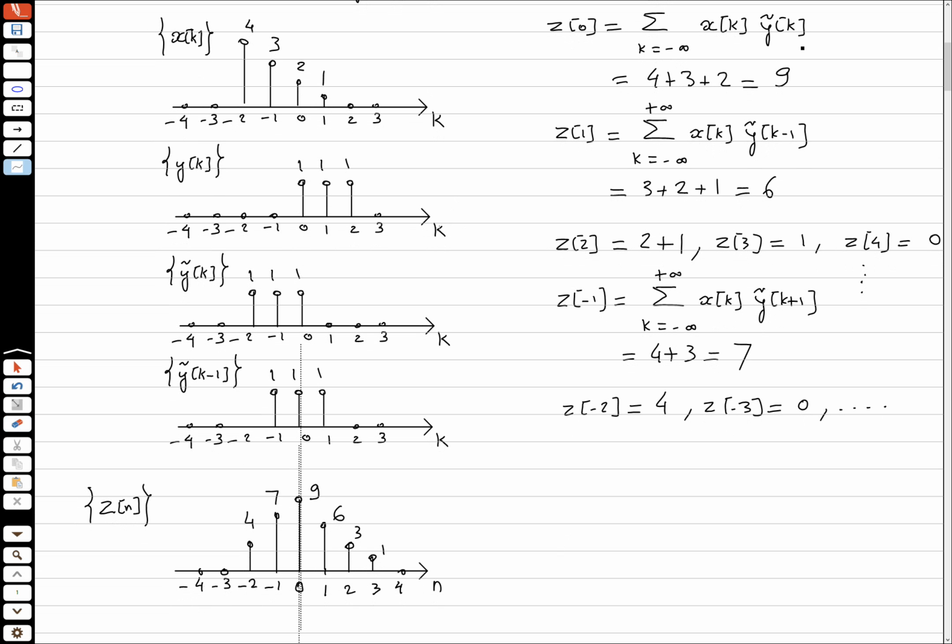We call this operation inner product or dot product. It's similar to vector dot product. You need to calculate the dot product between x of k and y tilde of k, and that gives you right away the value of z at 0.